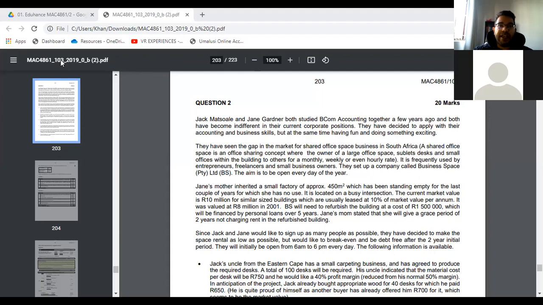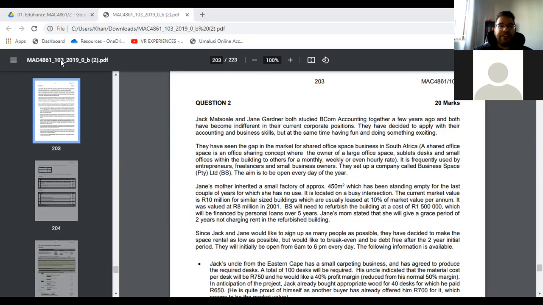So any paper from 2017 and before has cost accounting in test 1 and test 2, and financial management in test 3 and test 4. From 2018 onwards, financial management is test 1 and test 2, and cost accounting is test 3 and test 4. So this here is 2017 test 2, which is equivalent to your test 4, and this is Mac 4861.